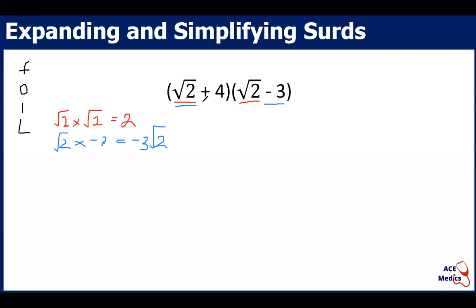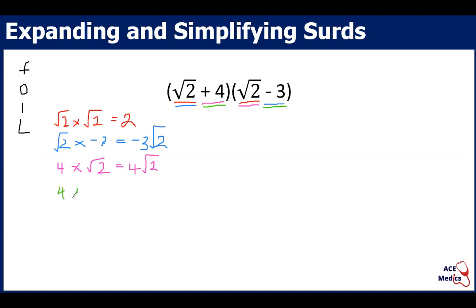Our next one is innies. So positive 4 multiplied by root 2. So 4 times root 2, which is going to be 4 root 2. And then our lasties are positive 4 multiplied by minus 3.